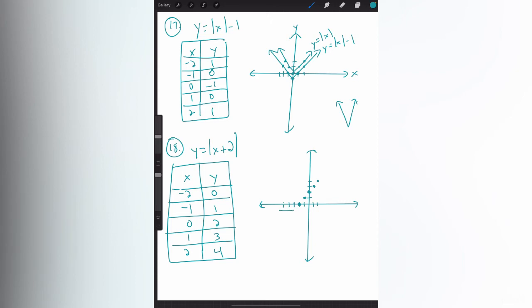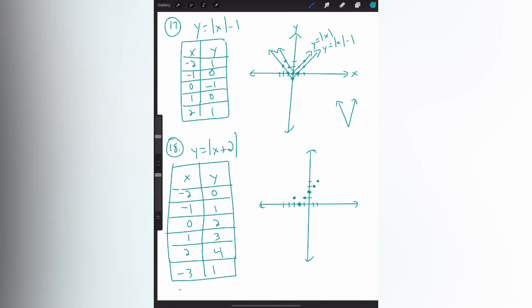And the first point that I have here is negative 3. And if I were to add that, right, I could say negative 3 plus 2. Negative 3 plus 2 is negative 1. The absolute value is 1. So negative 3, 1. And now I start to see a trend in the other direction, right?